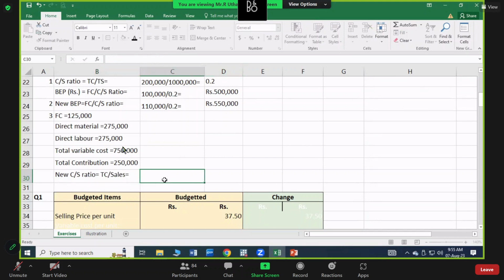So it is 2 lakhs 50,000 divided by 10 lakhs, which is equal to 0.25. So the new CS ratio is found like that.